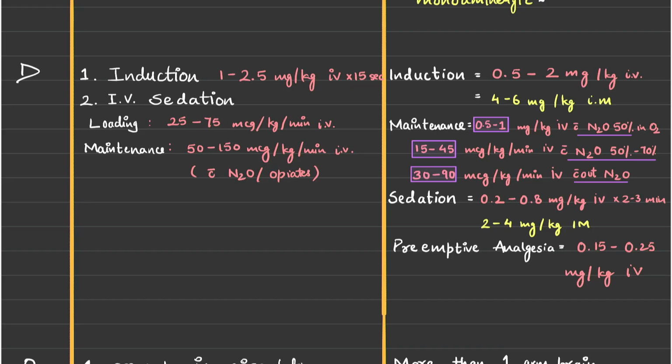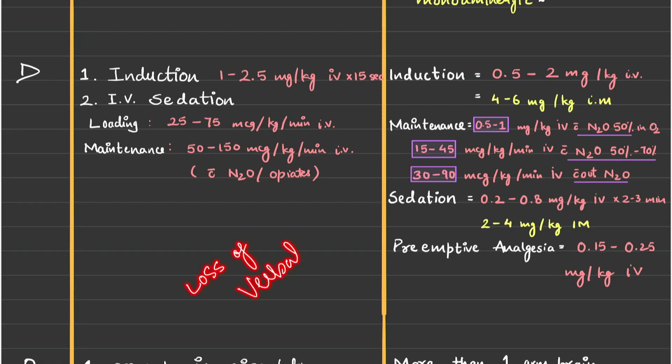As an induction agent, if the case is pediatric, the dose is increased due to increased volume of distribution. If the patient is elderly, the dose is decreased due to decreased volume of distribution. So dose is adjusted in this range, and it is also adjusted according to loss of verbal response.